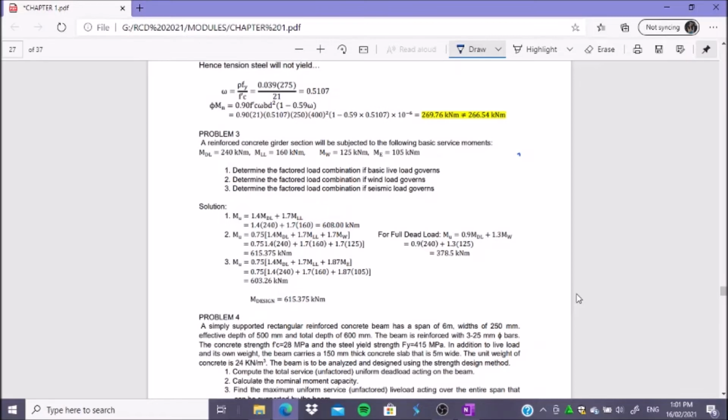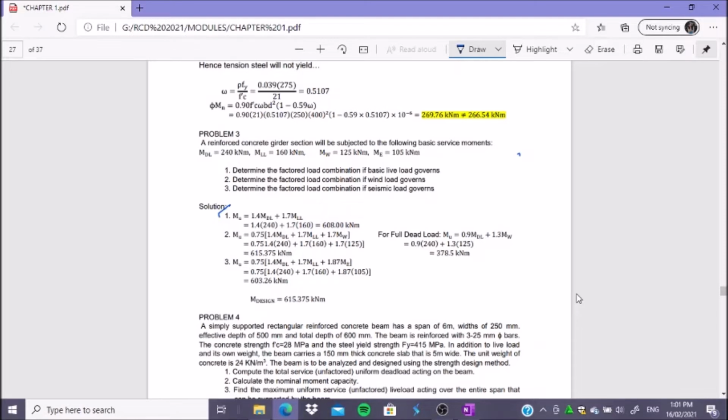Okay, so for the solution, makikita nyo dito, for number 1, MU is equal to 1.4 of MDL plus 1.7 of MLL. So direct substitution lang naman ang given. 1.4 times 240 plus 1.7 times 160 is equal to 608.